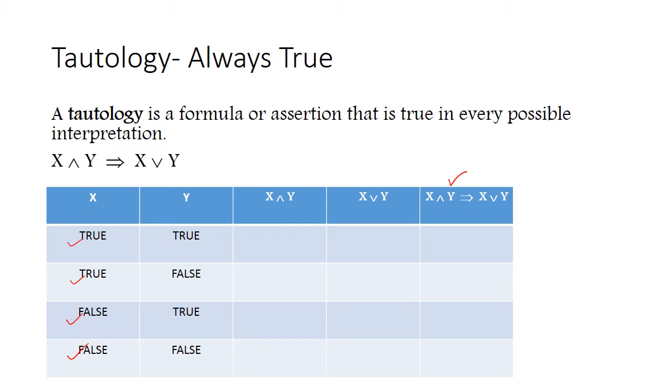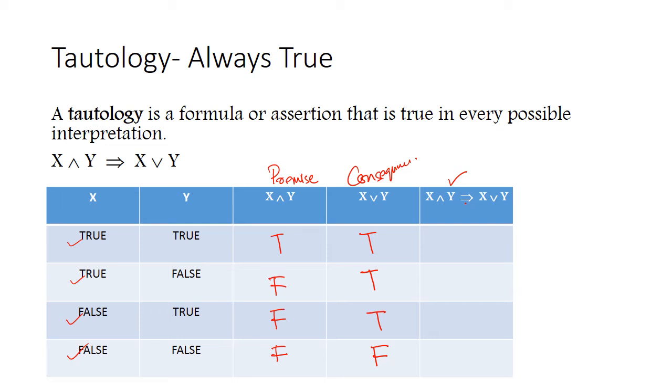So X and Y, that is the conjunction. So this is true, this is false, this is false, this is also false. This is the disjunction, OR. So I can say true, true, true, and this is false. Now see, this is implies. So let's see, where do we have true, false, false? This is the premise and this is the consequence.